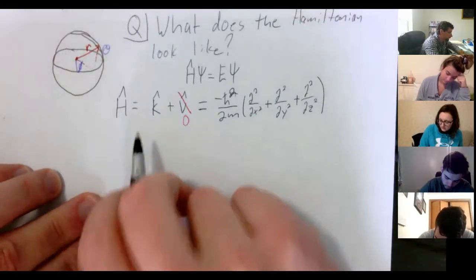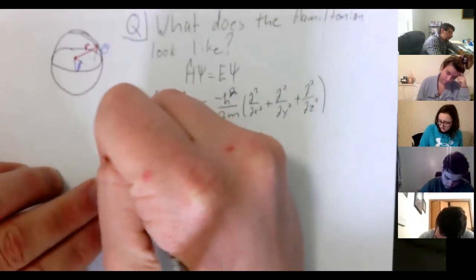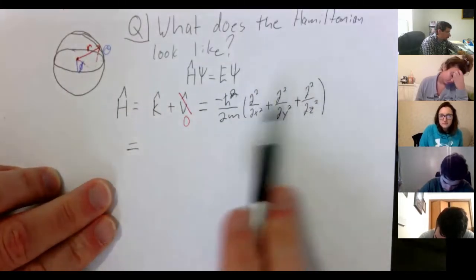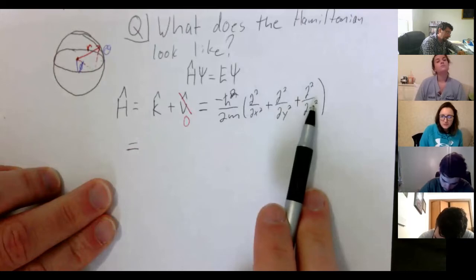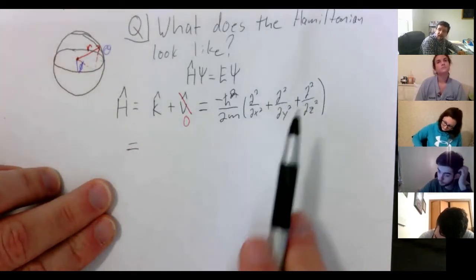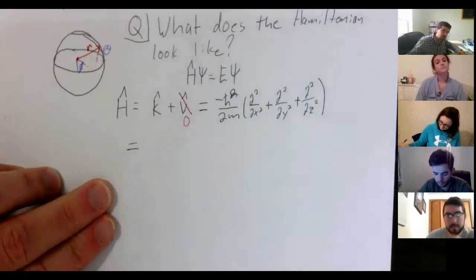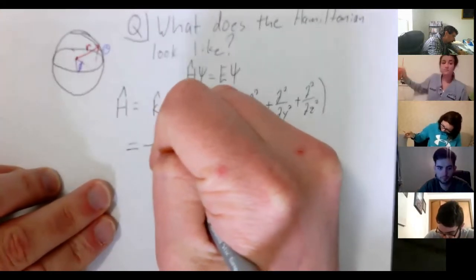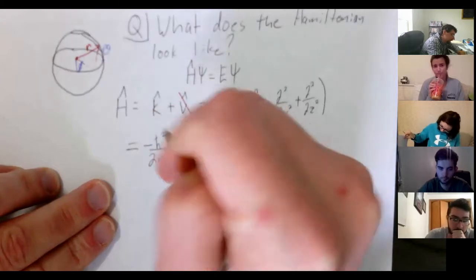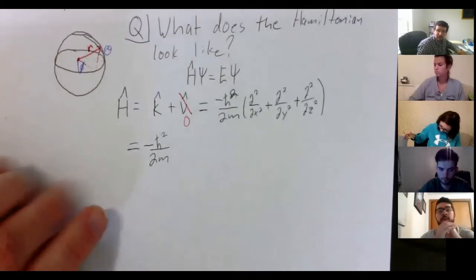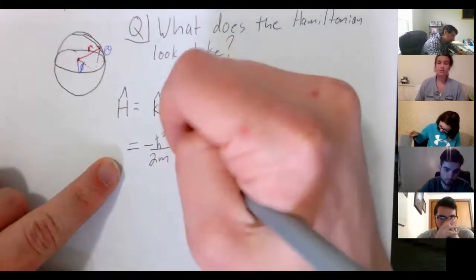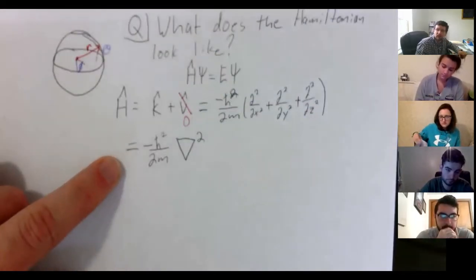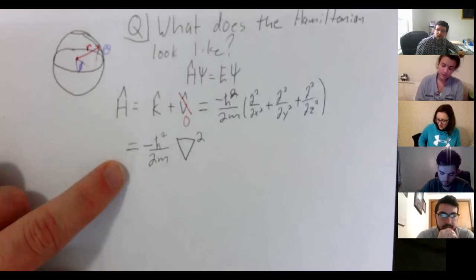Okay. Or we can represent this in a different way. Do you remember how we can represent this added differential? Do you guys remember this symbol, or remember seeing it at all?